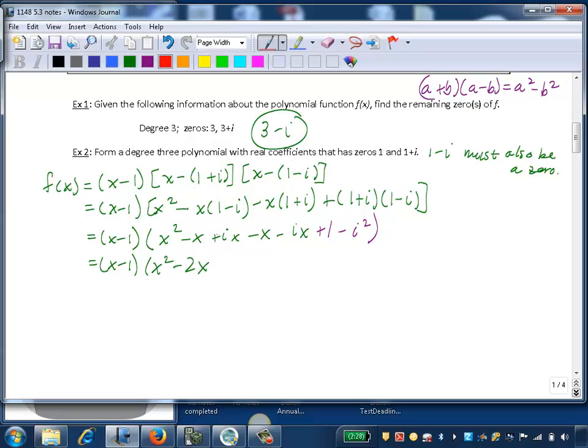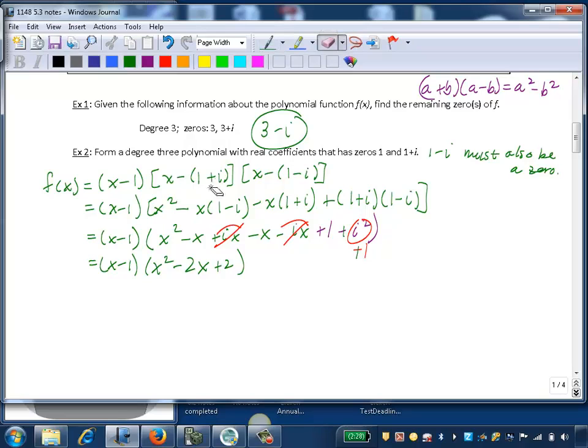And then here I've got the ix and the negative ix, so those will add up to 0. Here I've got a 1, and then we recall that i squared is equal to negative 1. So this is really a negative 1. So I'm taking a minus 1, so that's going to give me a plus. So this is really 1 plus 1, which will give us 2.